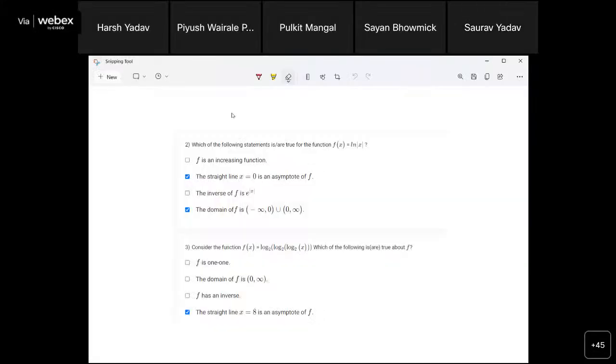Now tell me the graph of mod of x. The mod of x is a V-shaped graph from the origin. Mod of x means it will be x when x is greater than 0, and minus x when x is less than 0. Now if we apply the log here, what will be the graph?